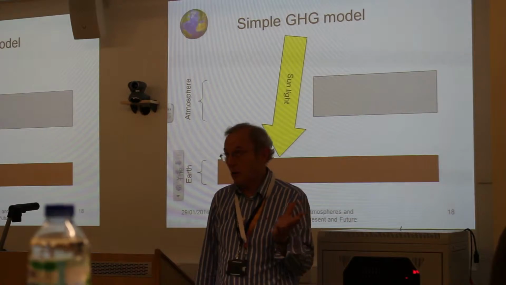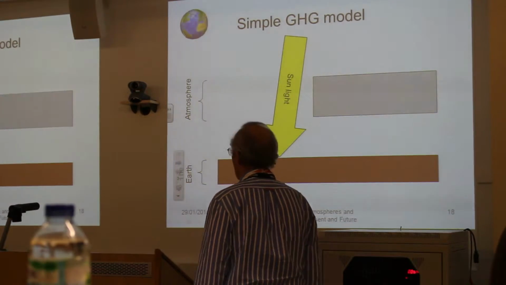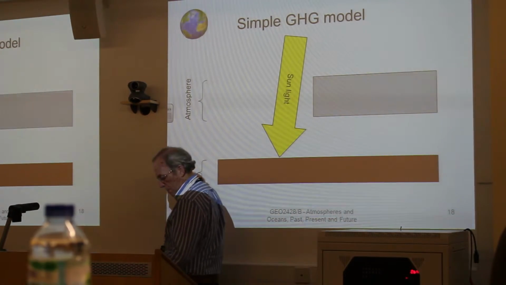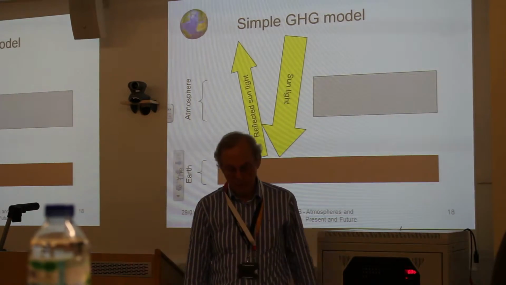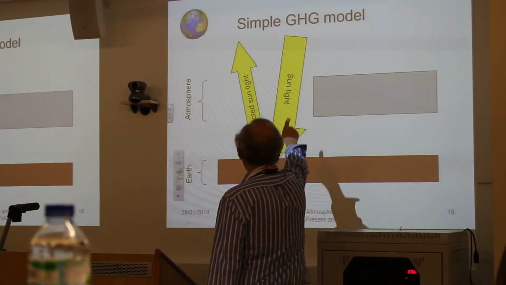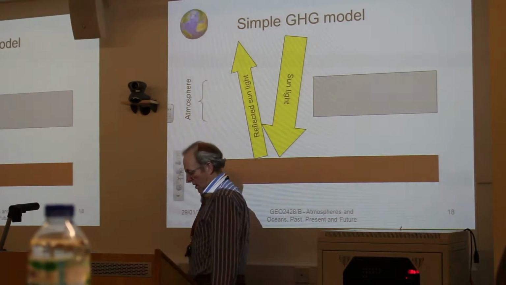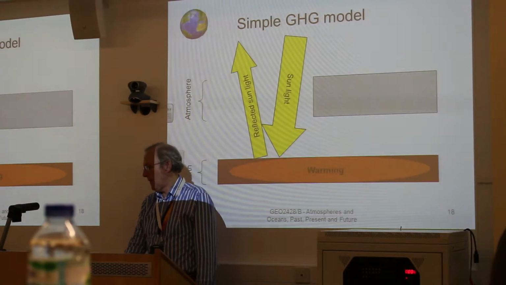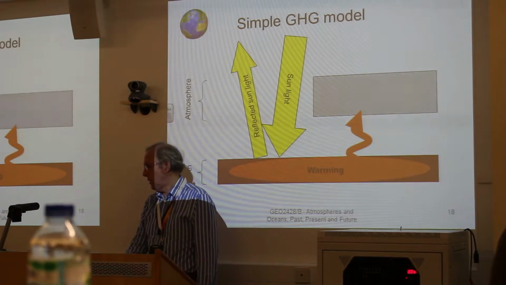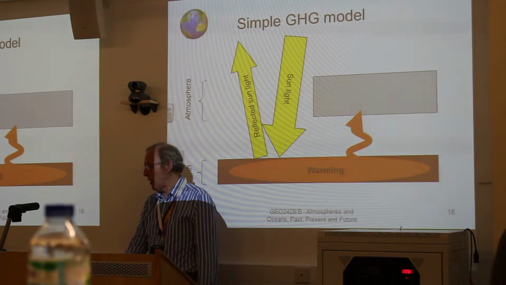The basic first part of the model comes in, there's the sunlight coming in, shortwave radiation. And that was our simple model, that's all we had previously. Sunlight in, sunlight out, albedo of the Earth's surface, warming taking place. We now add another parameter, and we say, right, that warming hits the atmosphere.